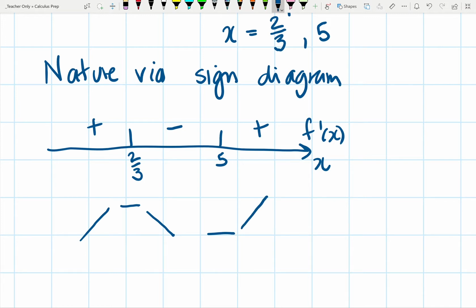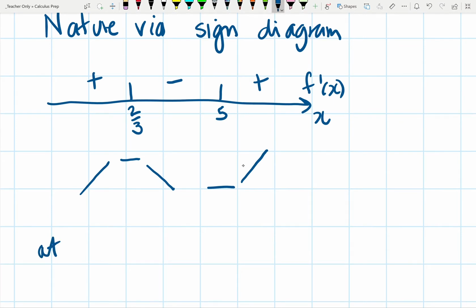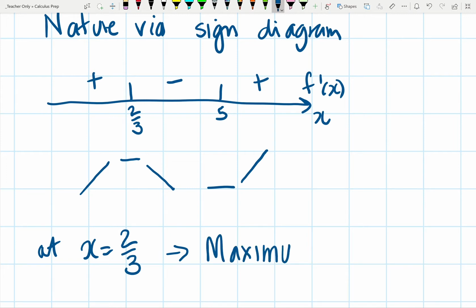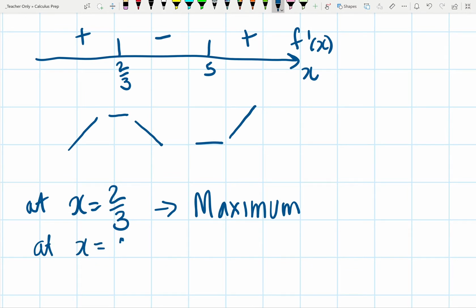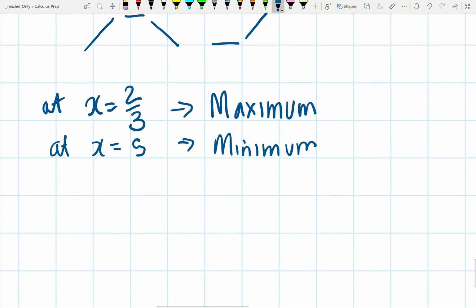So we can see that at x equals 2/3, it's a maximum, and at x equals 5, we have a minimum. So we've classified the points. We just need to find the y coordinates now. So when x equals 2/3, we sub it back into our original equation.